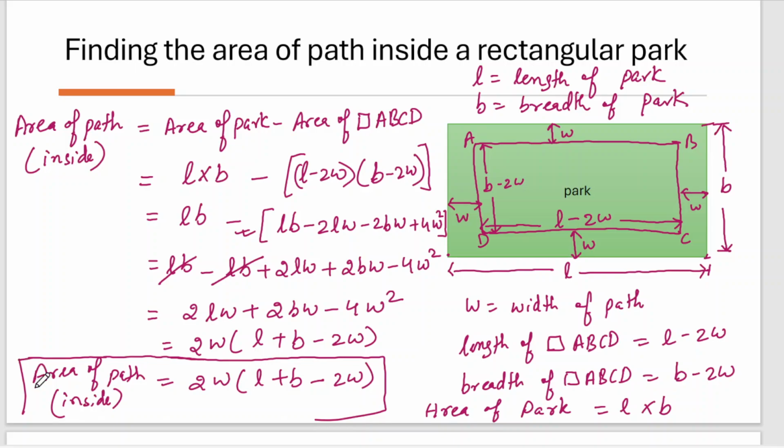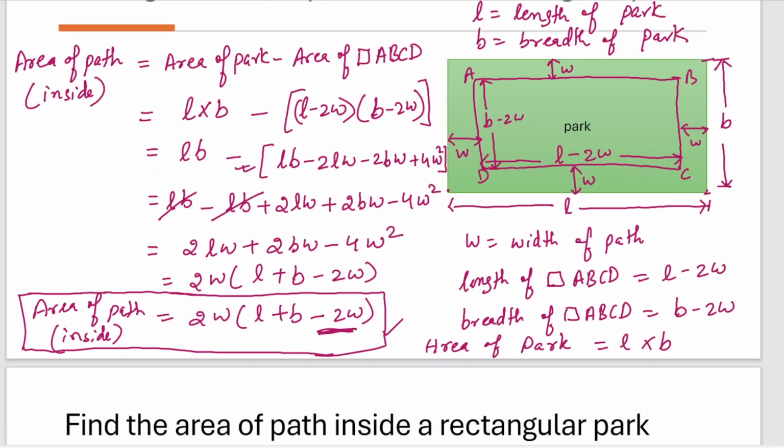Okay, just remember this formula, 2W into L plus B minus 2W. Okay, so you can compare the formula of outside and inside. Only difference is plus 2W, minus 2W. Okay, this one. This is the only difference. In outside you have plus 2W, inside we have minus 2W.